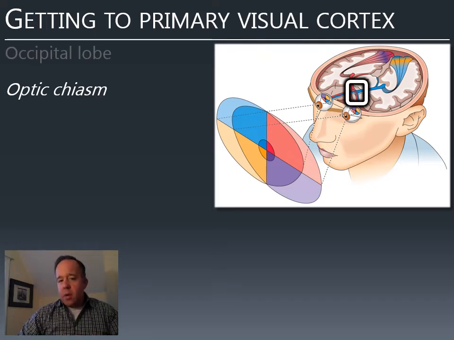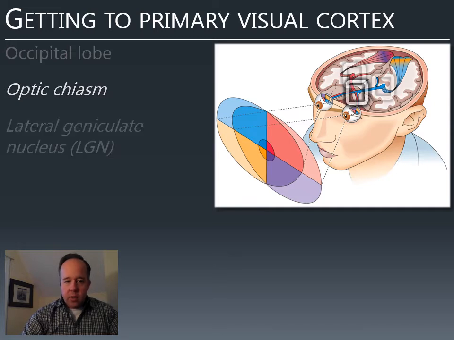So the optic chiasm remixes all those signals and then splits again. And that way, information about your left visual field goes to your right visual cortex, and information about your right visual field goes to your left visual cortex. So we've seen this again and again, the contralateral organization. We see a similar thing happening here, but it's not that your left eye is processed by the right side of your brain. It's that your left visual field is processed by the right side of your brain, and vice versa. So that's how information is organized.